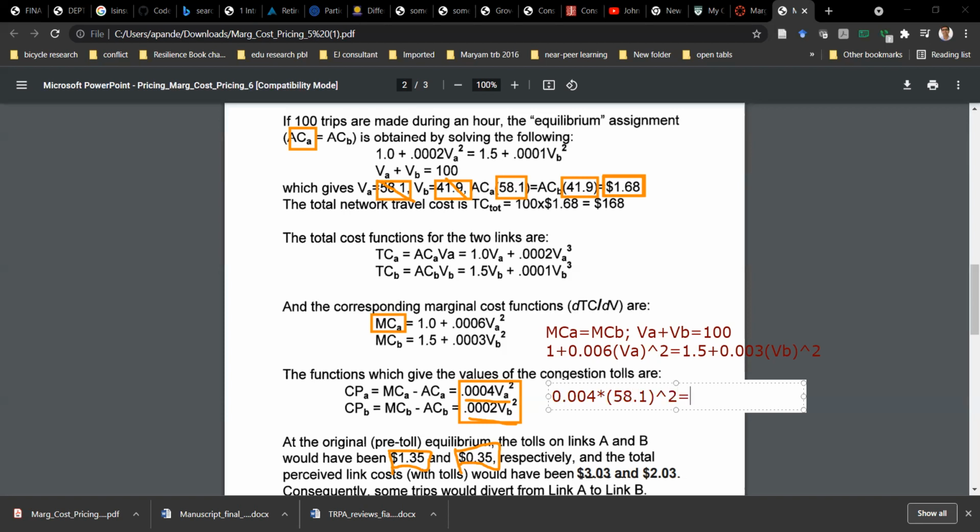Okay, so that will give you $1.35. Okay, so at this point, you're charging, is that clear, by the way? Any questions about this? Please let me know.